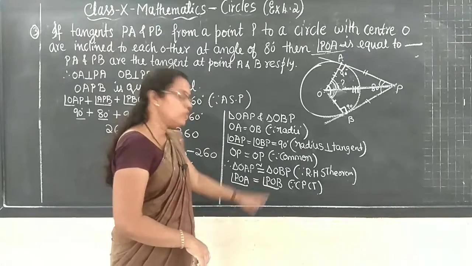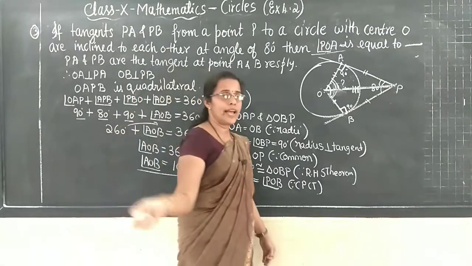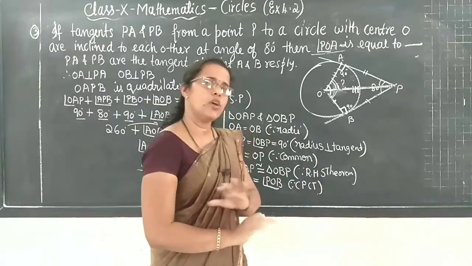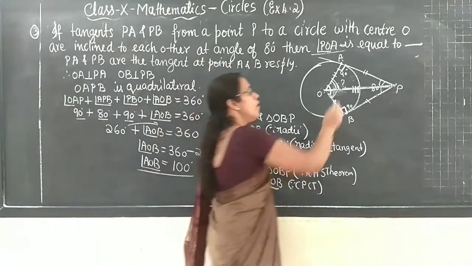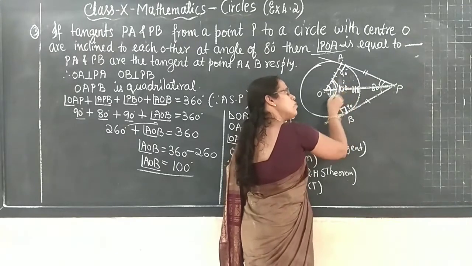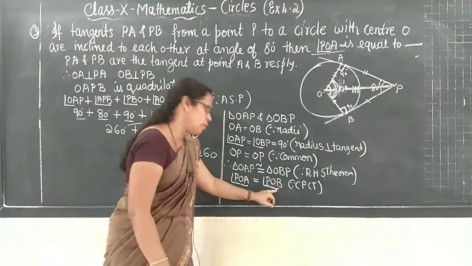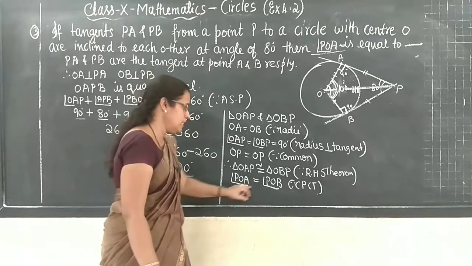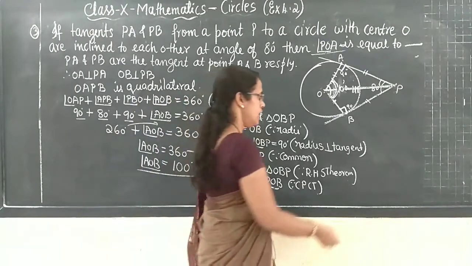Yes, because of corresponding parts of congruent triangles. When triangles become congruent, their corresponding parts are also equal. So if the full angle is 100, POA is 50 means POB is also 50. It becomes exactly half.